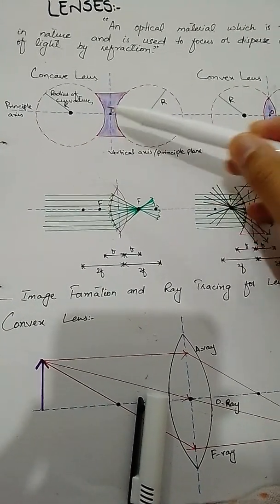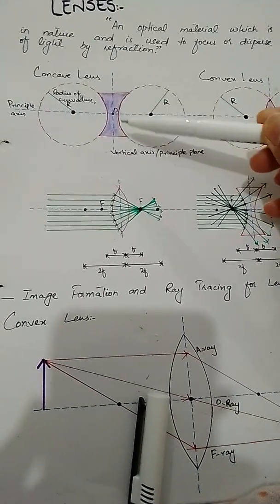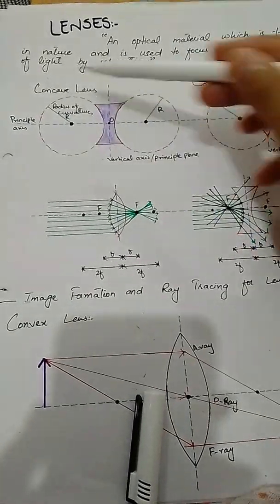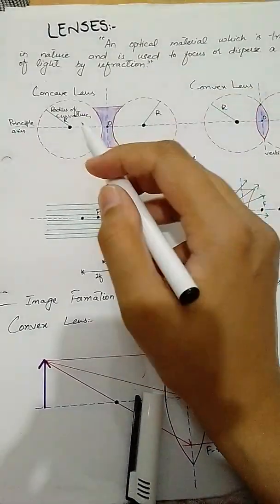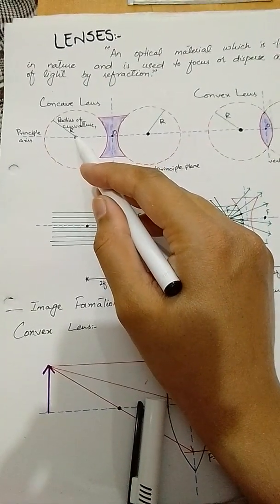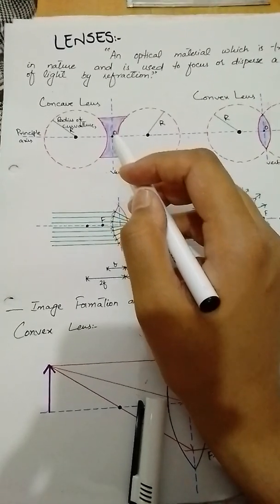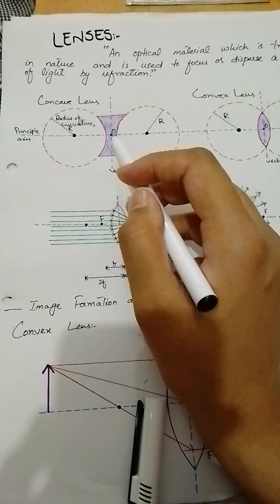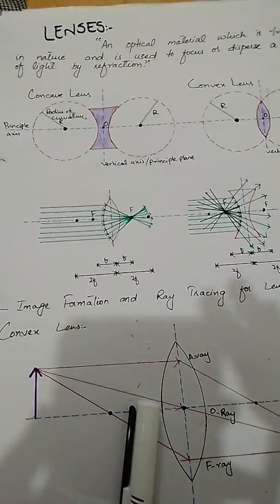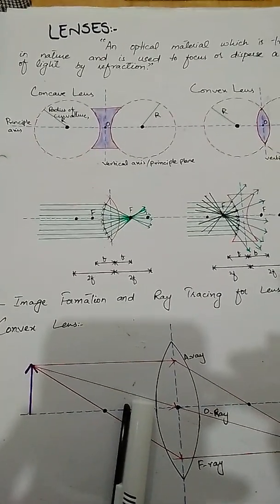This sphere might be larger than that one, or the other way around. In both cases the distance from the center of the sphere to the center of the lens would be different. That is why we don't have a center of curvature in the case of lenses.